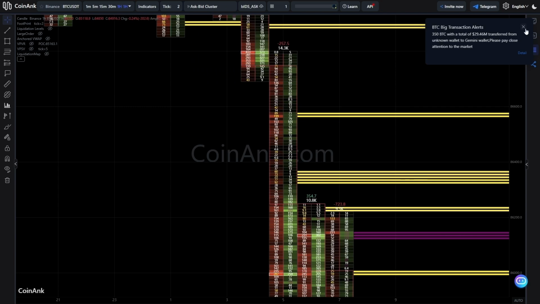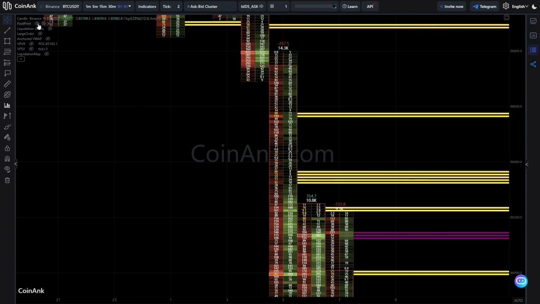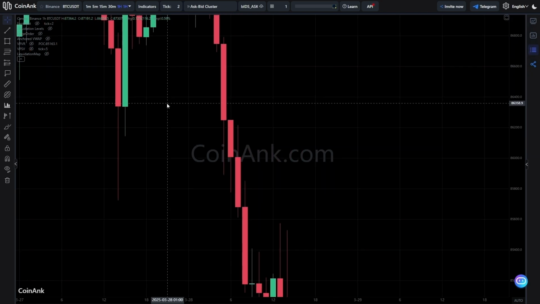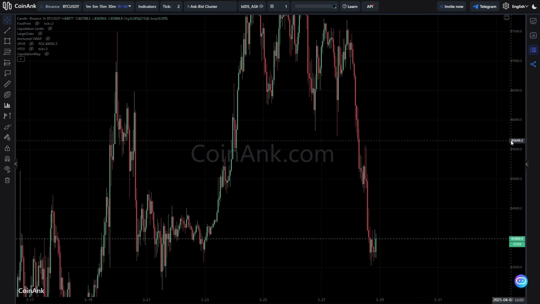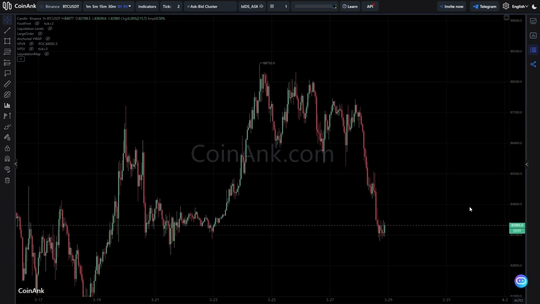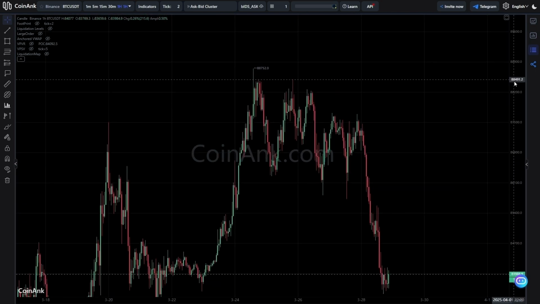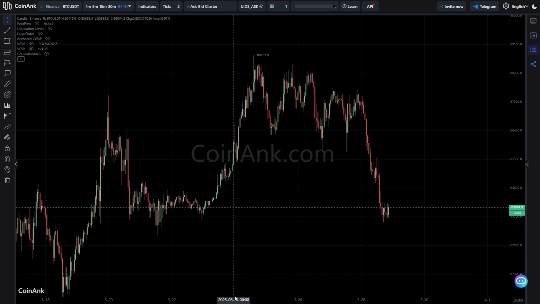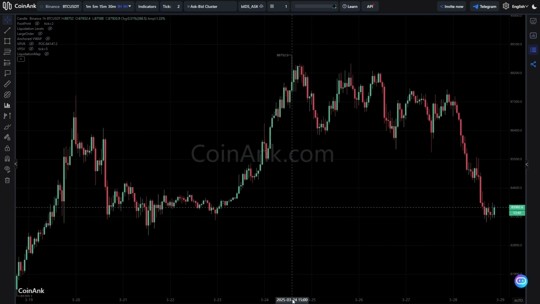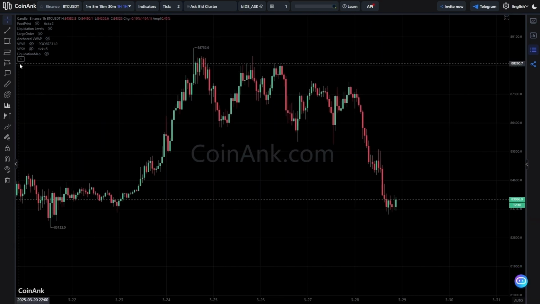So you can just play around with it. Let's reset a little bit. You can just scroll in, scroll out to zoom, or you can hold and drag, same as the bottom, hold and drag. It's similar to TradingView.